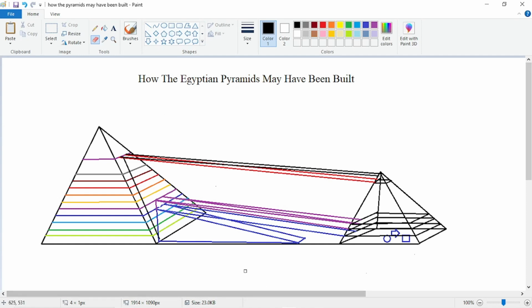So the Egyptians were smart. They knew a lot of things, and so it just makes sense to me that the smartest thing to do is to make them round to begin with, so that you can roll them instead of trying to push something that's flat on the bottom.